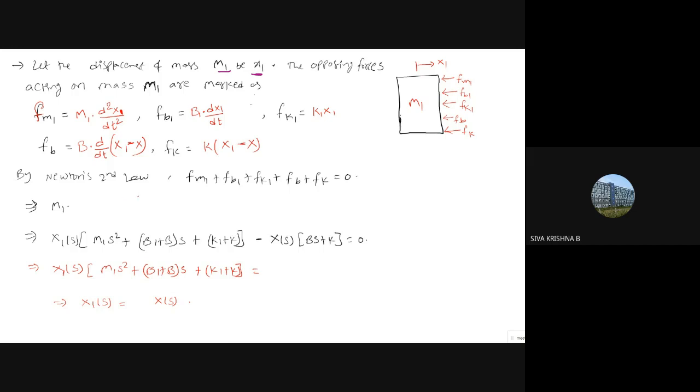Now write down by Newton's second law, all the forces are equal to 0. That means the sum of incoming equals outgoing, like that.